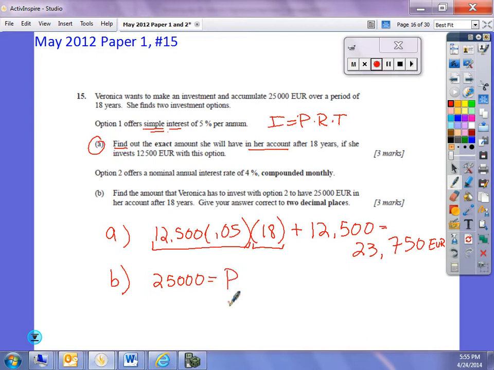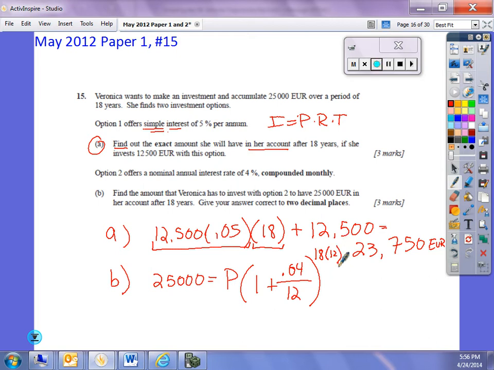What principal value will we invest with interest compounded at 4% monthly? So the denominator 12 means that I'm compounding 12 times per year. I'm going to take my interest rate of 4%, divide by 12, but the number of compounding periods increases. I compound for 18 years, but I'm going to multiply that by 12 because I'm compounding every single month.